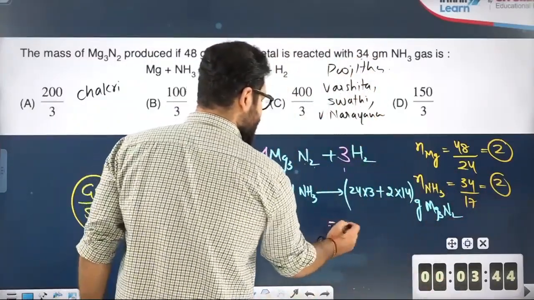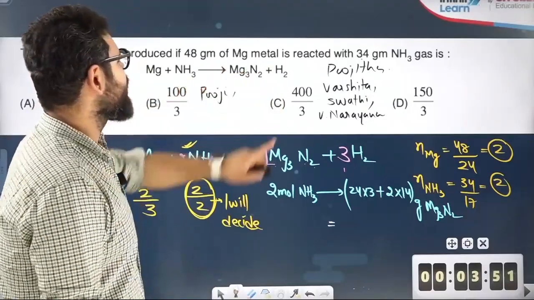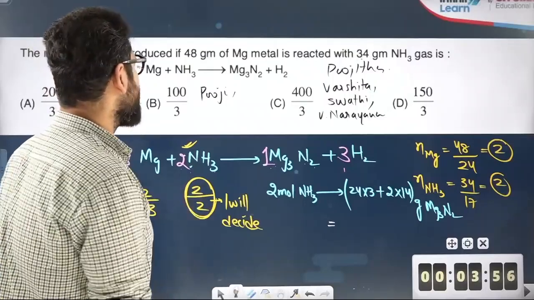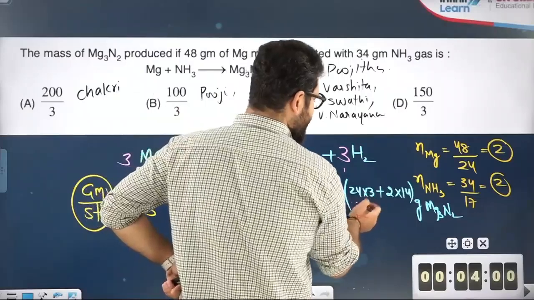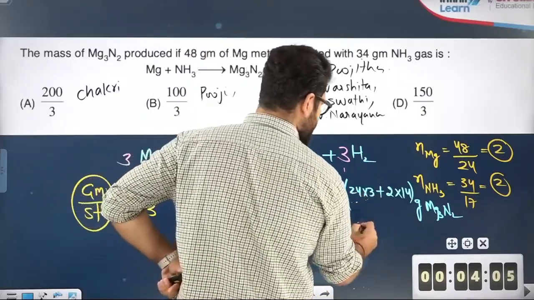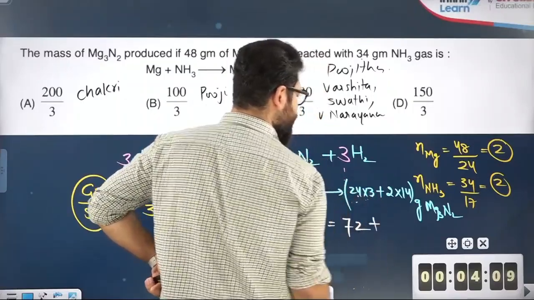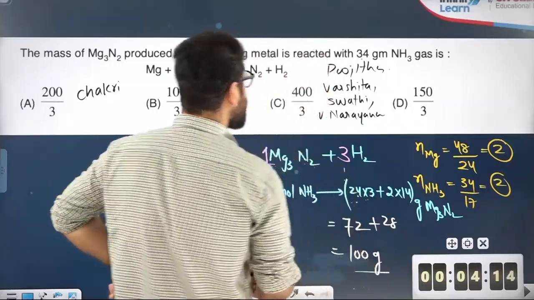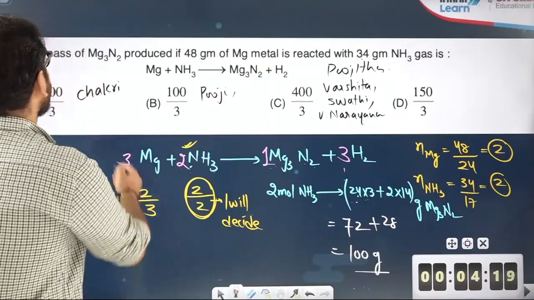So this is the final answer, which is 72 plus 28, which is 100 grams.